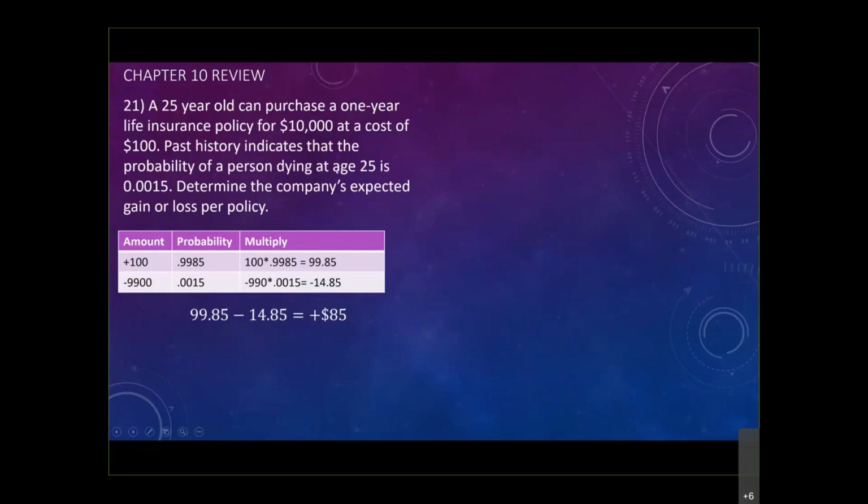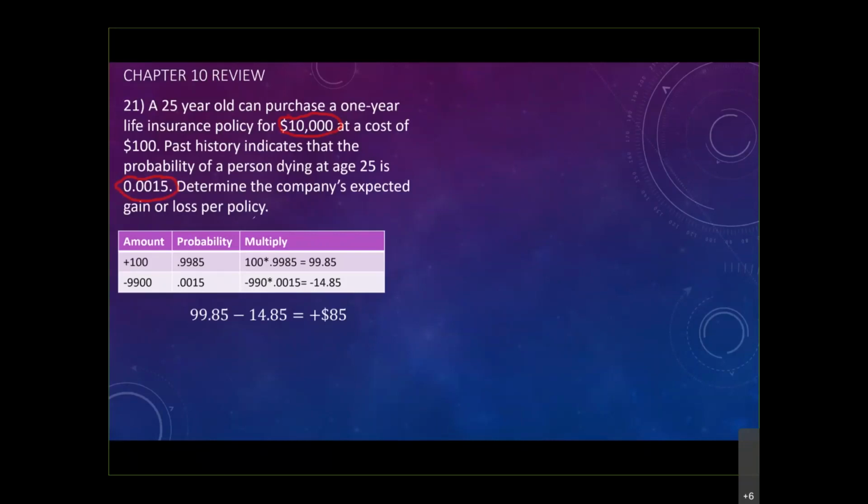Do you agree that the company will lose $10,000? And what is the probability of them losing $10,000? The probability of them losing $10,000 is 0.0015. Why? Because if I die, the probability of me dying is 0.0015.